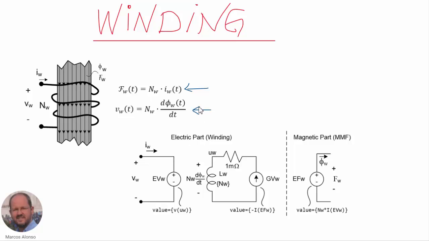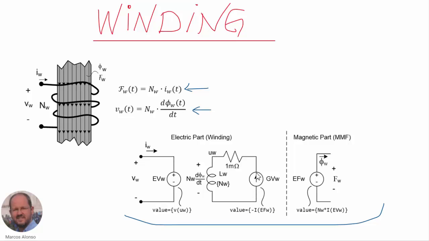So we need to implement these two equations, and for this we have this model here in which we are modeling the winding using this behavioral source with a value which depends on the voltage UW. The voltage UW is at this point here, and it is generated by using this behavioral current source.